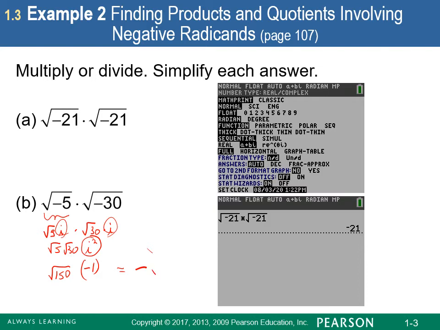And that's the square root of 25 and the square root of 6. Square root of 25 is 5, and the square root of 6 does not simplify. So that's how you would go about doing it by hand. You can see it's a little longer than what we did on the calculator.